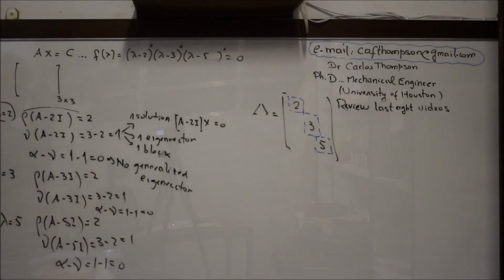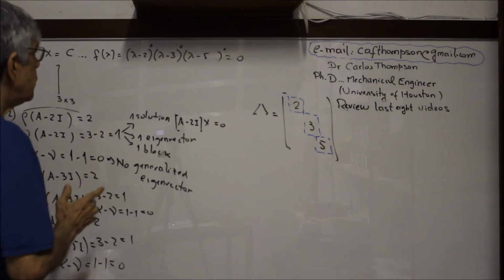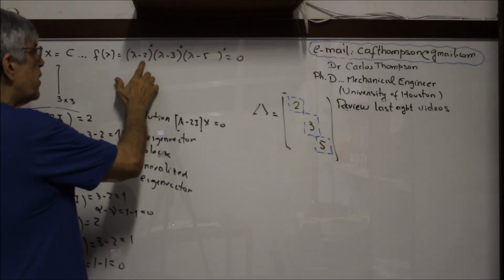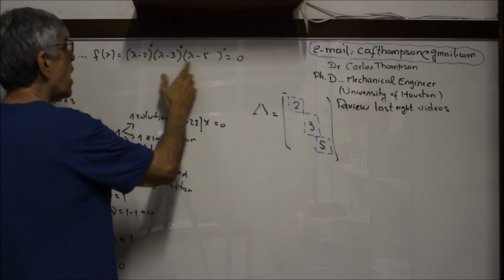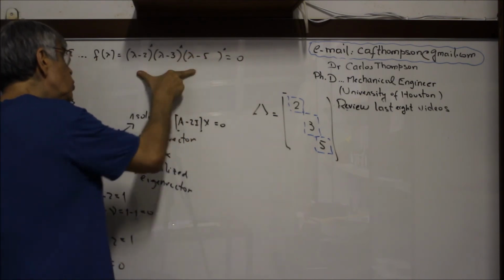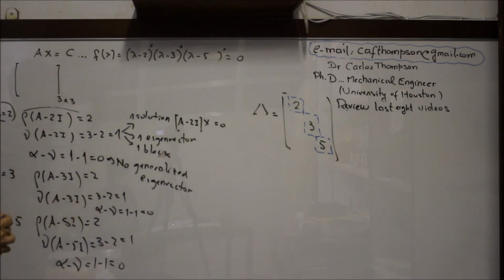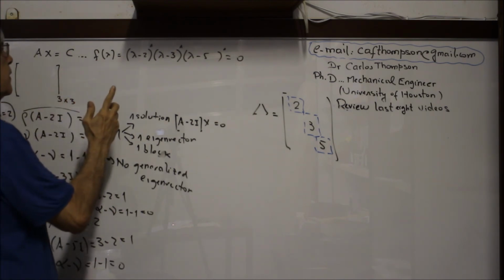So we can say that always when you have distinct eigenvalues, for sure we have diagonalized this matrix A. Now, I'll repeat again.